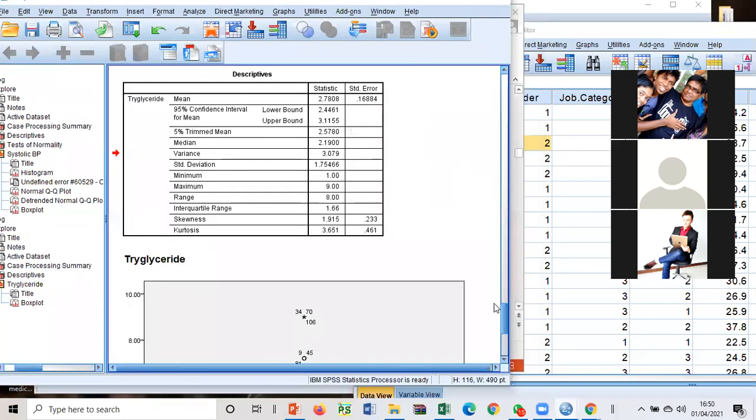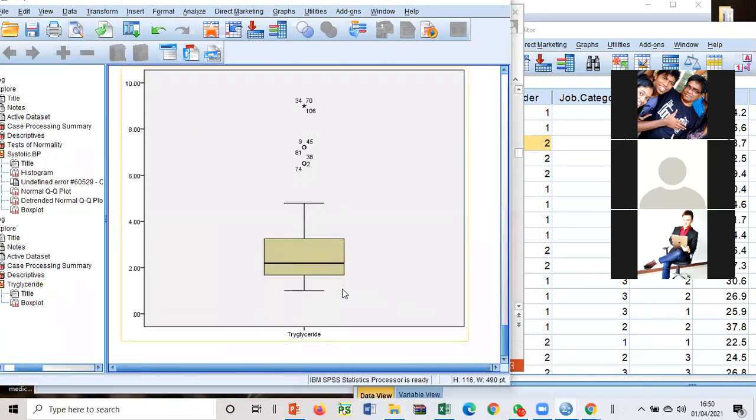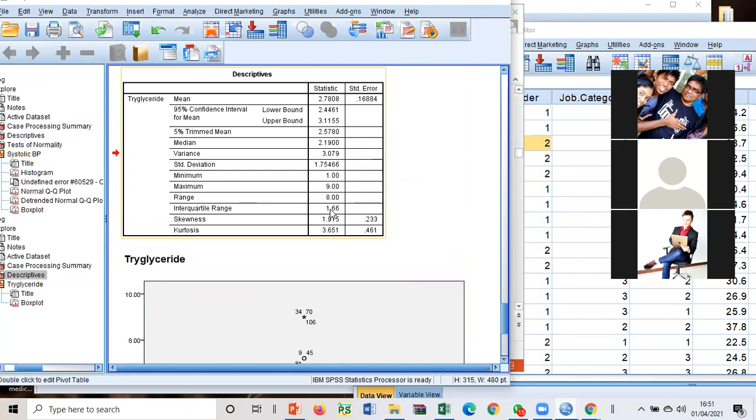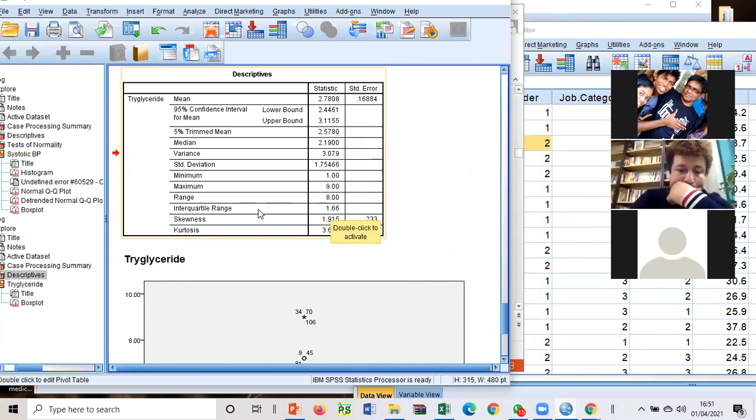What's the box length in our example? From here to here, what's the box length? 1 point something. That's your interquartile range, 1.66. Times 3, how much? 4 point something, 5 to 6.